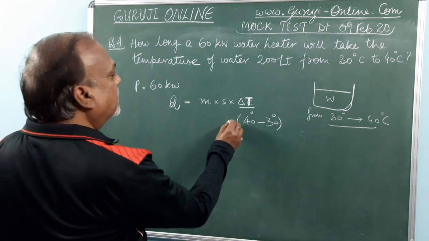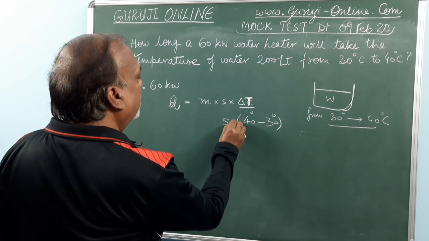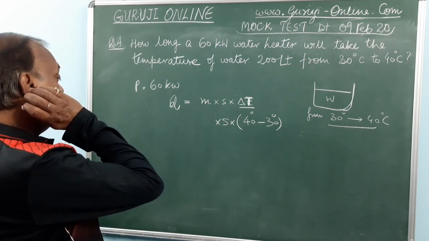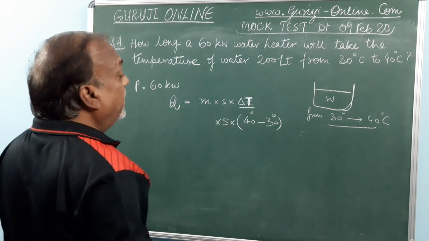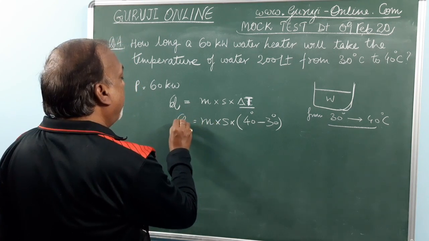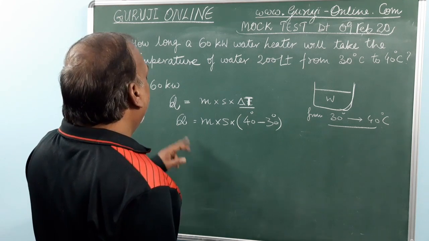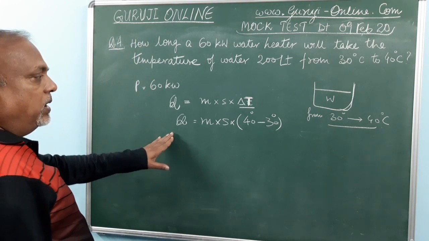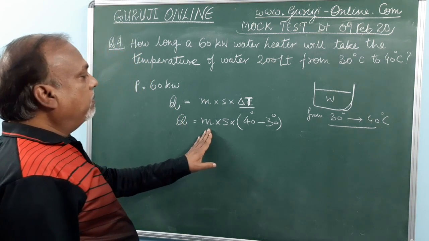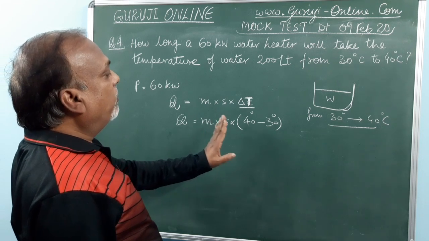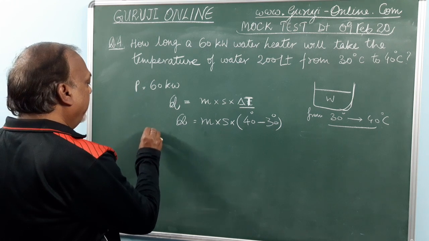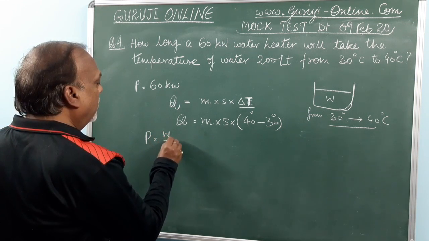What is S? It is the specific heat capacity of the water, and M is the mass of the water. So this much heat energy will be required to raise the temperature of M mass of water from 30 degree to 40 degree.